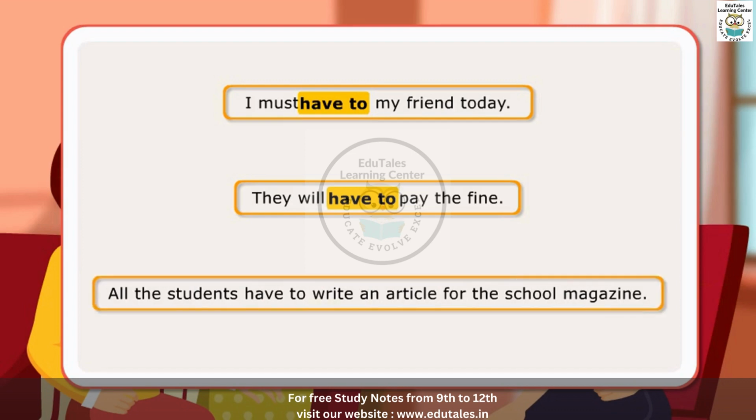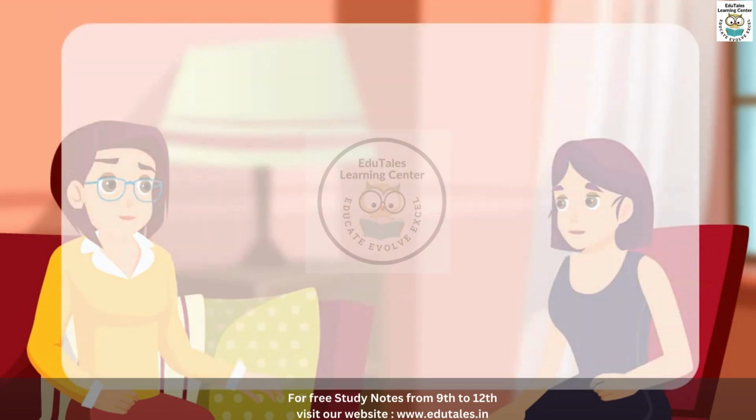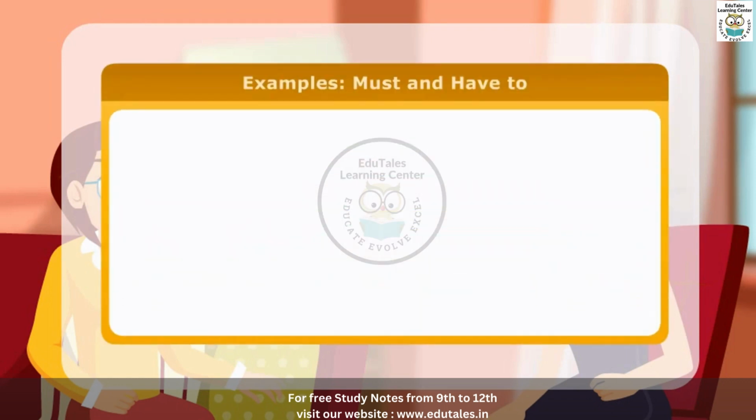In the next sentence, have to has been used to show impersonal duty and obligation with implications of a rule to be followed.